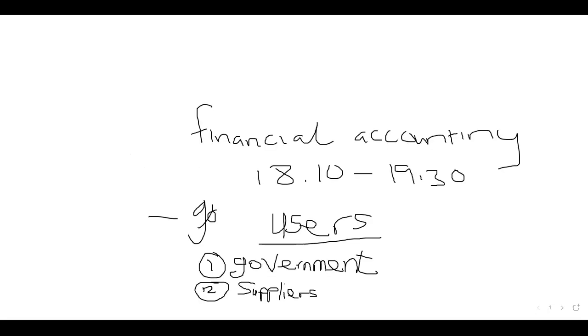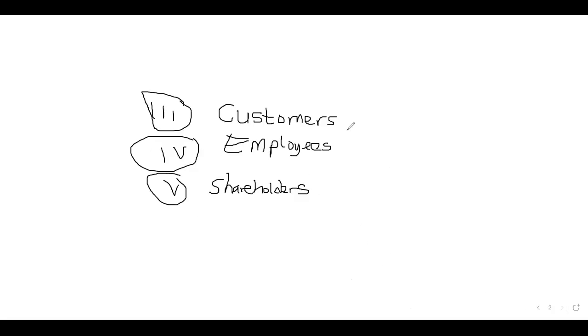Okay, so we talk about the government, we talk about the suppliers. The suppliers are also called creditors. So suppliers or creditors, these are the users of financial accounting. They need to know what is going on so that they know that the company is doing fine. So we also look at the debtors.